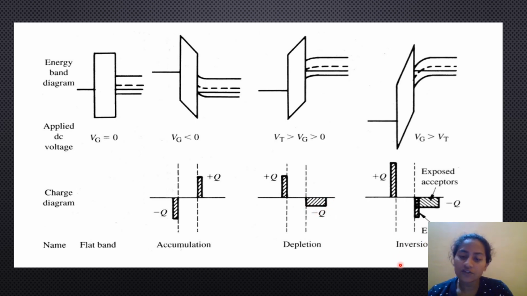And then in the inversion mode, we can see the positive charge over here, and the electrons. Here the electrons will be given, and the negative charge will be very large here, with exposed acceptors. So there will be a large number of holes where the electrons can be accepted, and the electrons can act as donors and then accumulate over these holes.